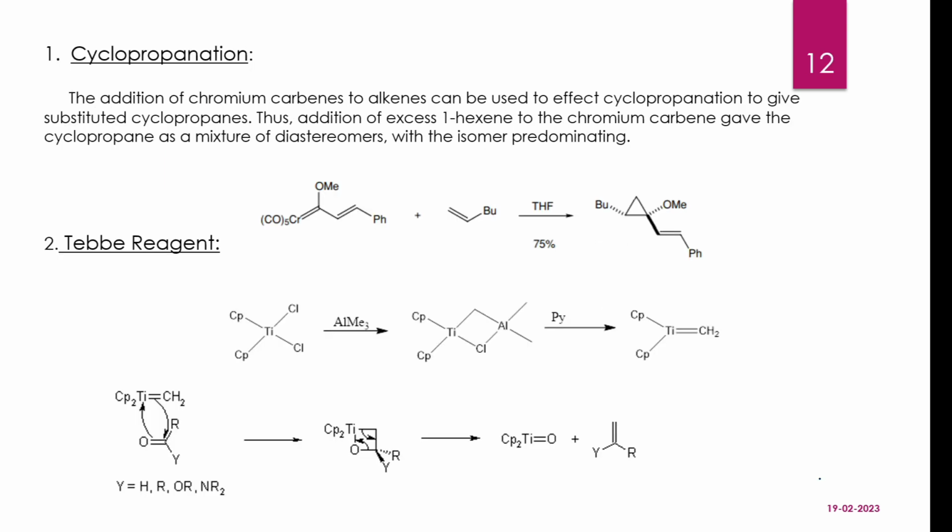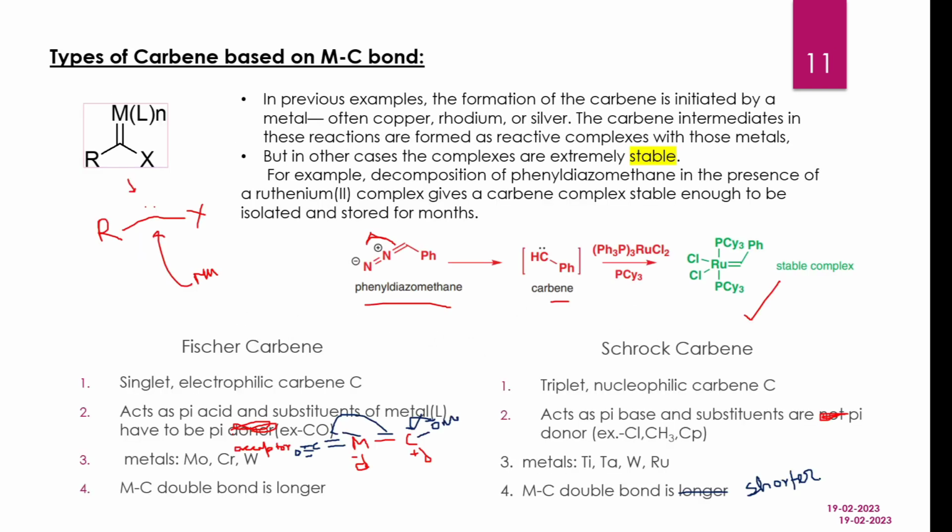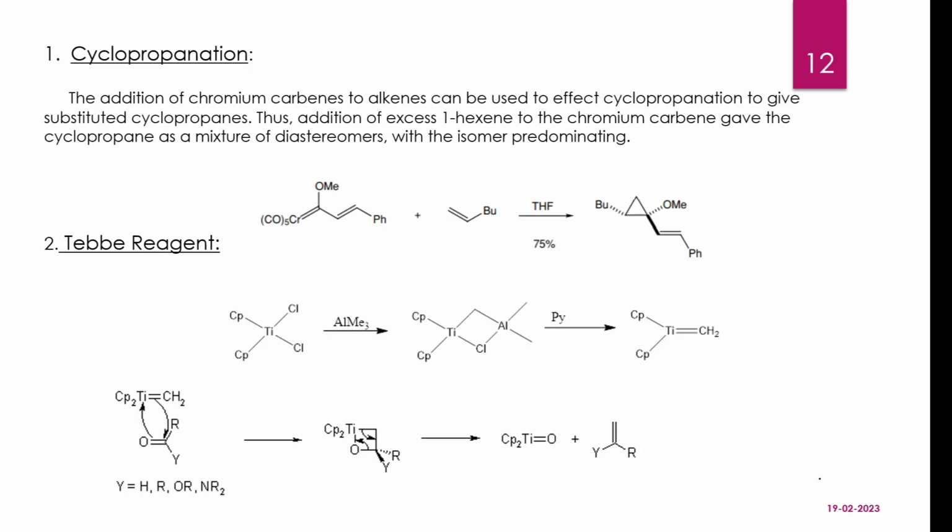Next is cyclopropanation. This type of metal carbene can take part in different kinds of reactions, so I will explain them one by one. First is cyclopropanation. The addition of chromium carbenes to alkenes can be used to effect cyclopropanation to give substituted cyclopropanes.